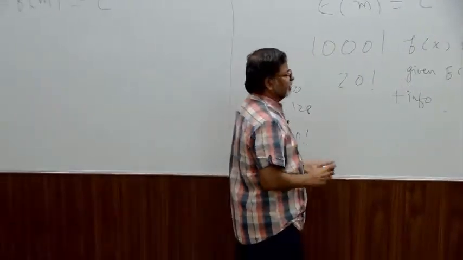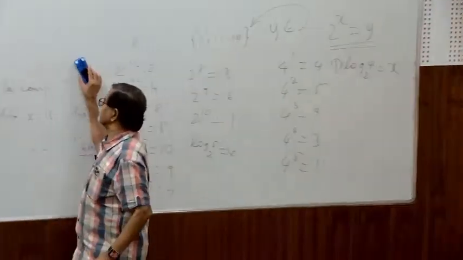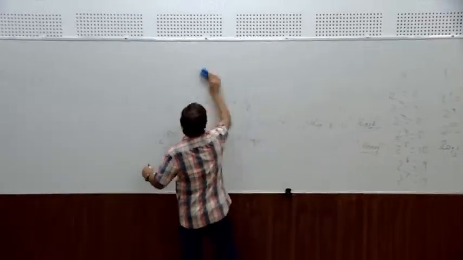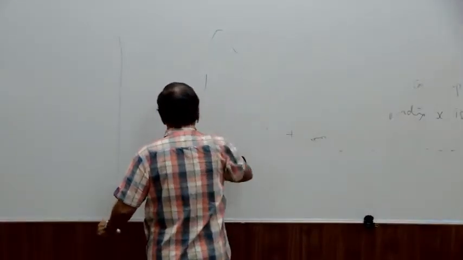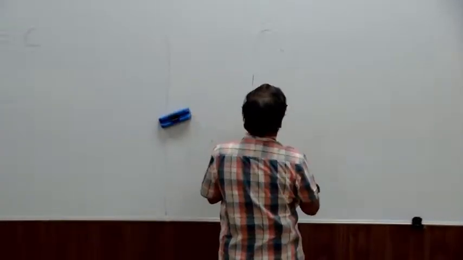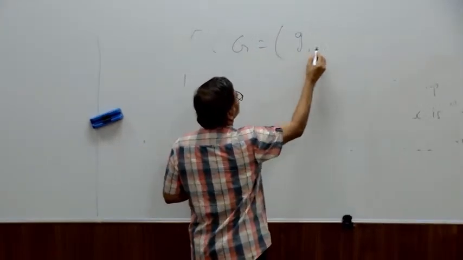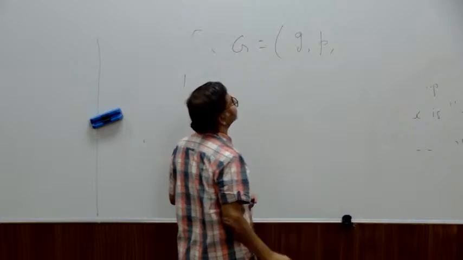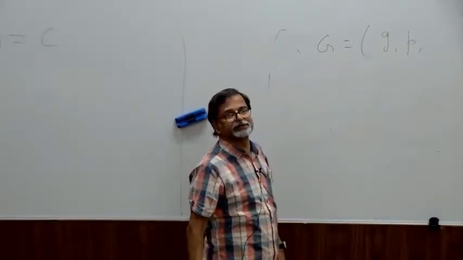Let us consider G to be a cyclic group, generated by a generator g using a prime number P. Therefore all elements are generated by powers.